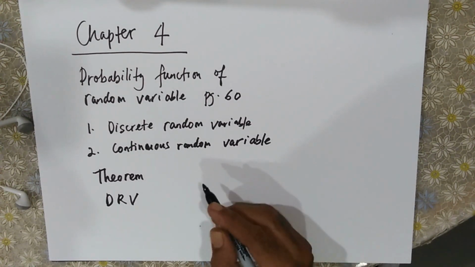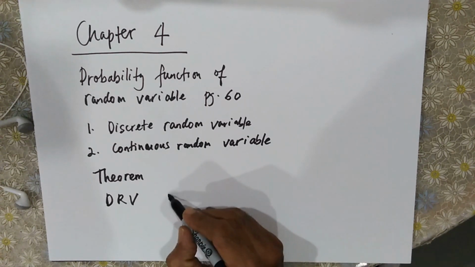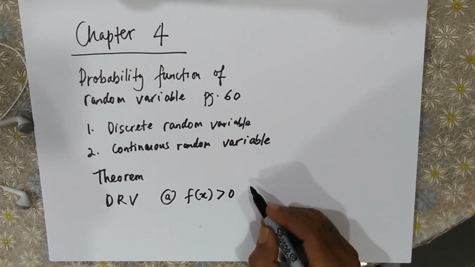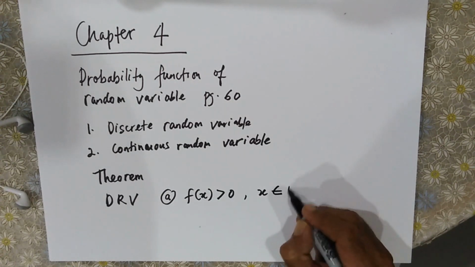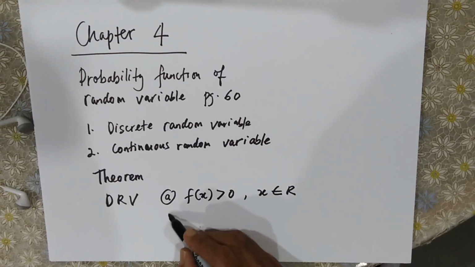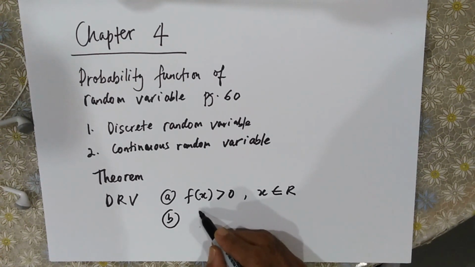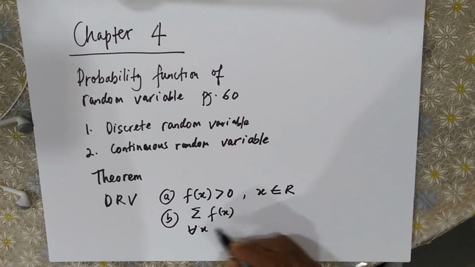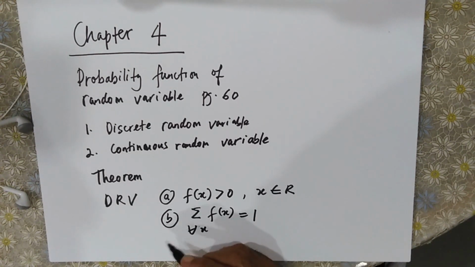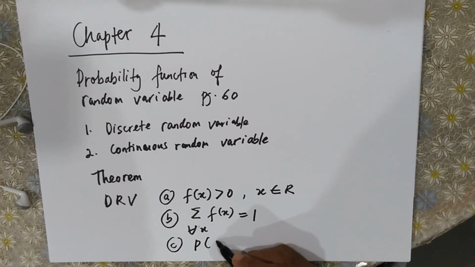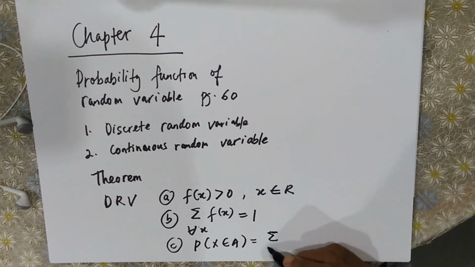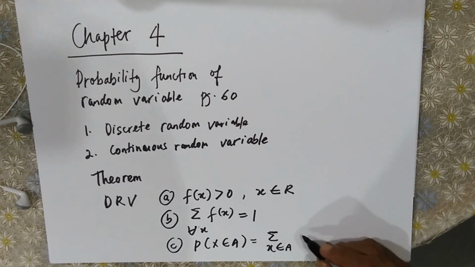The theorem says that for function of x, f(x) must be greater than 0, where x is an element of the real numbers, and then the summation of f(x) for all x is equal to 1, and then the probability of x element of A is equal to the summation of x element of A, f(x).